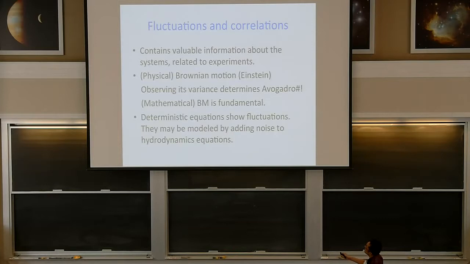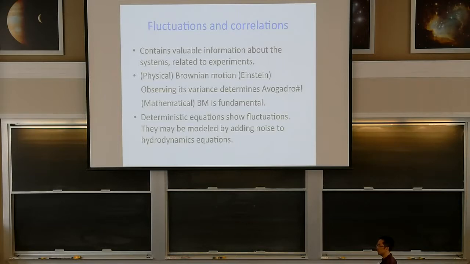They are basically the same thing, but interests are somewhat different. And what Einstein said was that if we can measure the size of the fluctuations of the Brownian particle, then one can determine the Avogadro number. For this, he got the Nobel Prize, right?